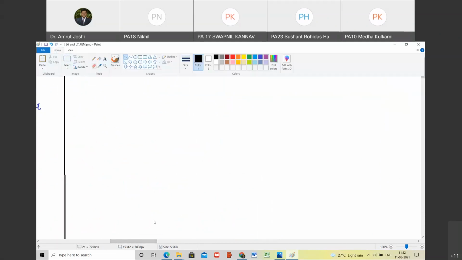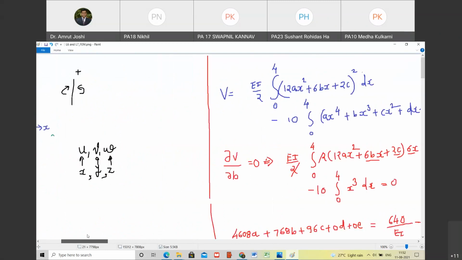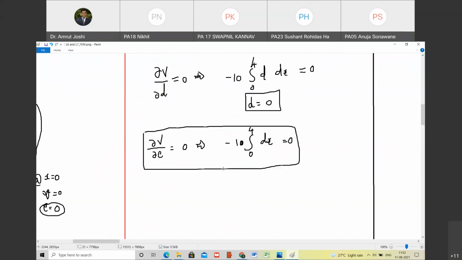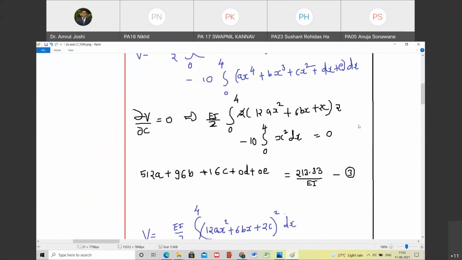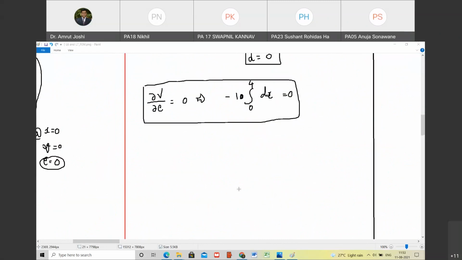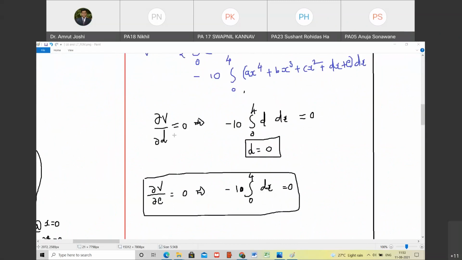Now, in the fourth equation, move towards the fourth equation. Yes, it is dou V by dou D. Over there, for the second term, it is minus 10 integration 0 to 4. It should be coming as x, right?